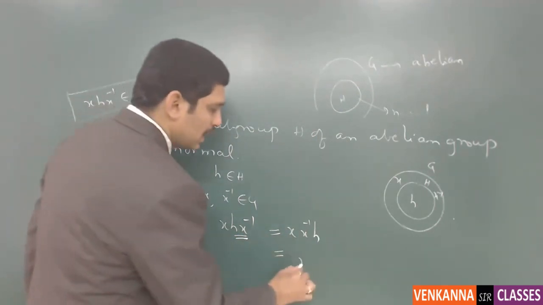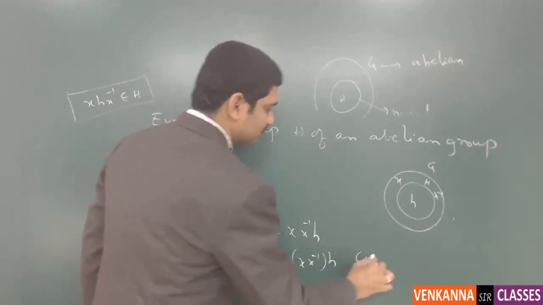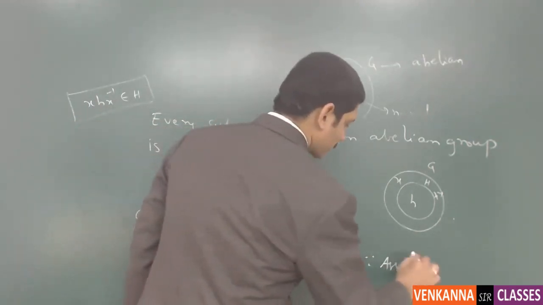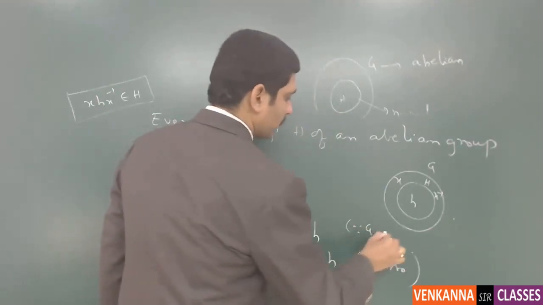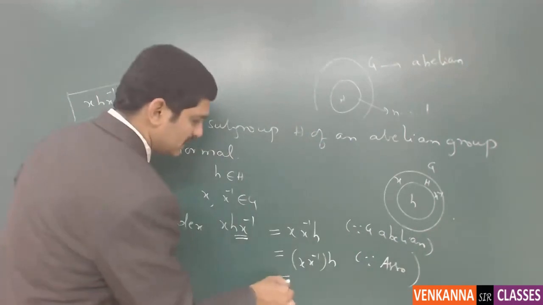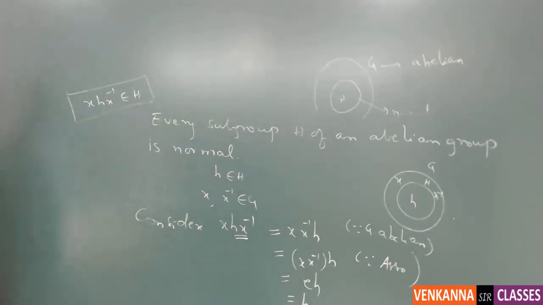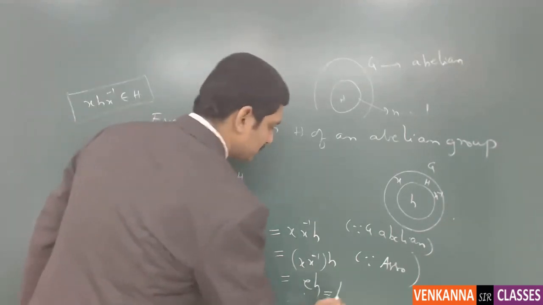So applying the associative law here, you can write it like this. This is nothing but identity times h, equal to h.